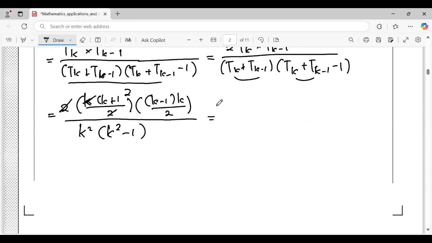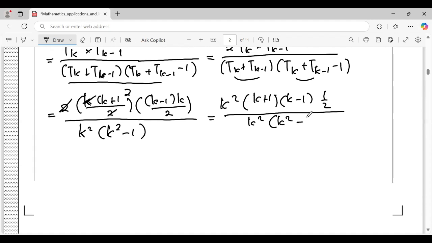So after that, I'm going to write it becomes k and k squared, then (k plus 1), (k minus 1), over 2, so this 2, and k squared minus 1. So it becomes divided.